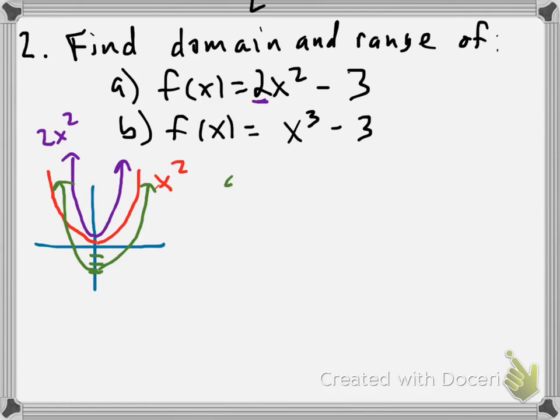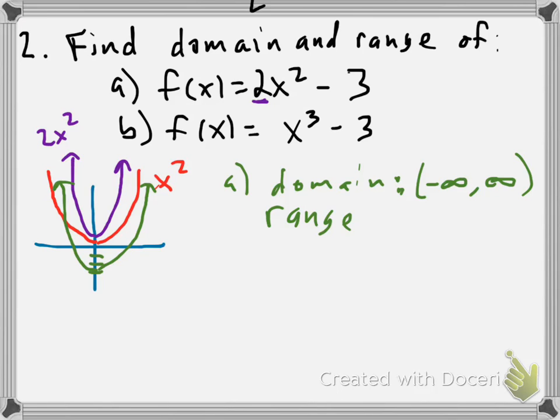So for part A, the domain, and this is going to be true with all polynomials, the domain is just all real numbers. It's from negative infinity to positive infinity. But what about the range? What y values does this function encompass? Well, it goes from negative 3 and up.